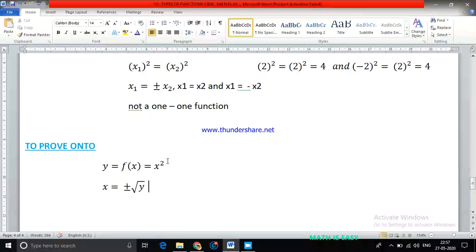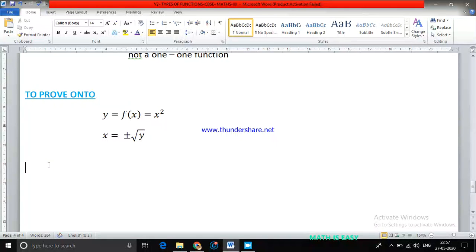So for example, let me take y equals -2. Then what do you get as the x value? I get under root -2. Do you think under root -2 is an integer? Under root of negative numbers in the real number system is not defined.